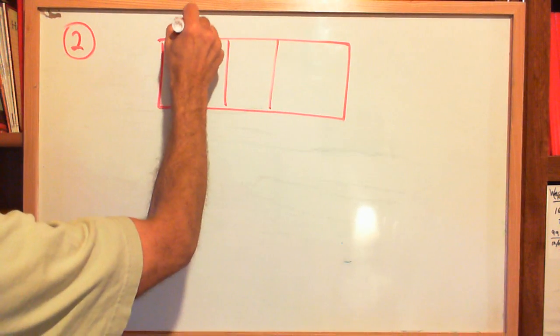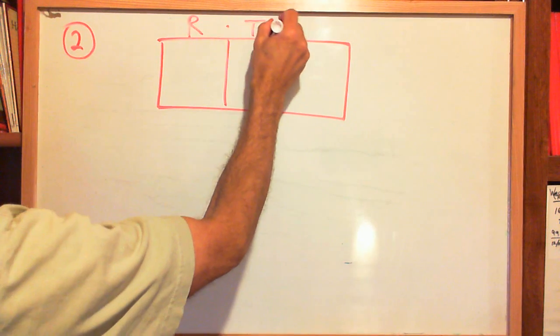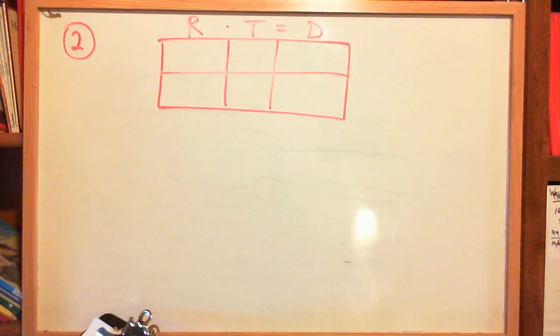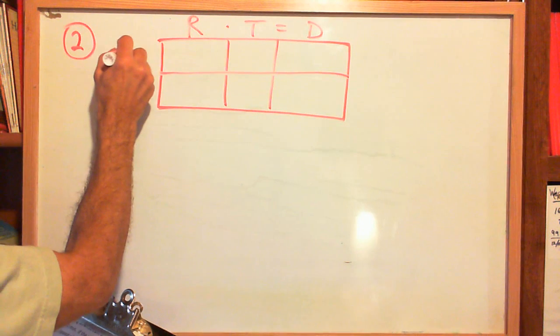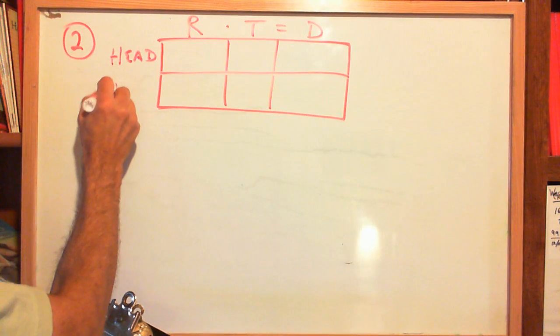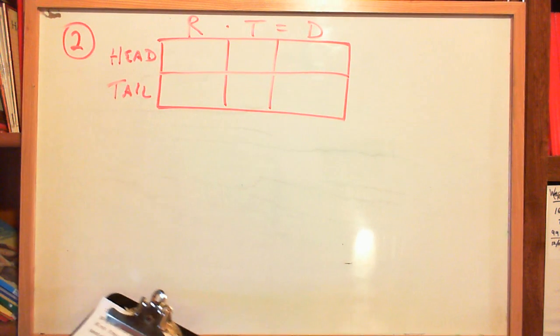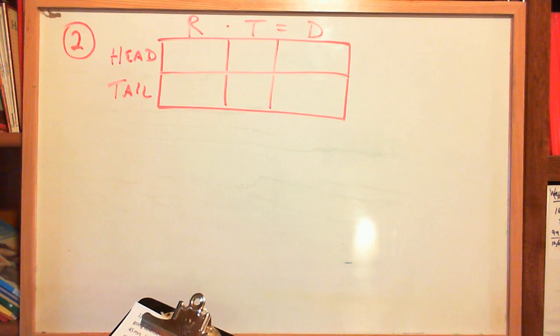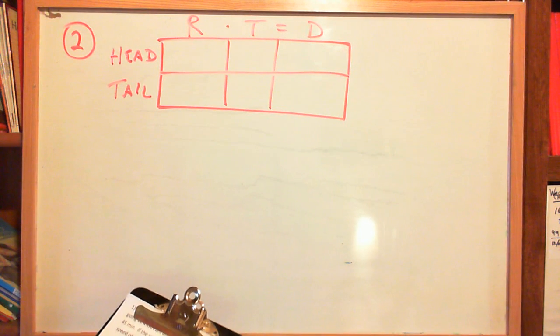We have rate times time equals distance. And this is an airplane, so we have a headwind and a tailwind. The tailwind is what we started with, because that's going in the same direction as the wind.